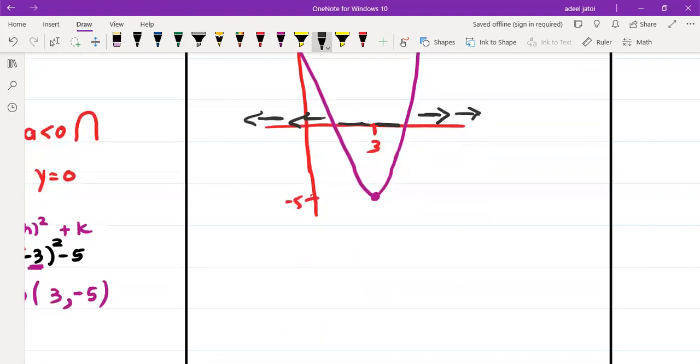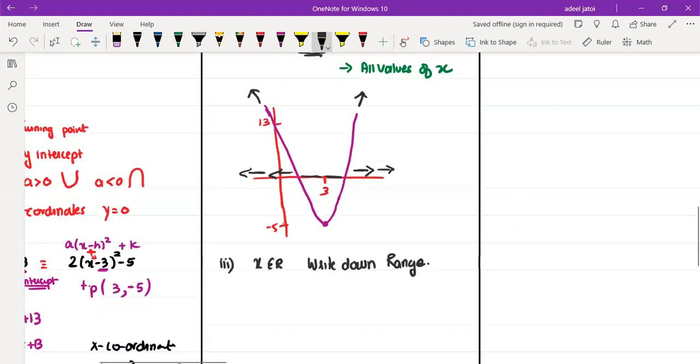The question can ask me in part 3, when x is an element of real numbers, write down the range. So if you notice, your range is basically values of x. Sorry, your range is basically values of y.